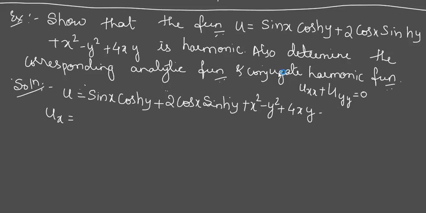What is the derivative with respect to x, what do we have to keep? Cos hyperbolic y constant. What is the derivative of sin x? Cos x. Similarly, sin hyperbolic y constant. What is the derivative of cos x?